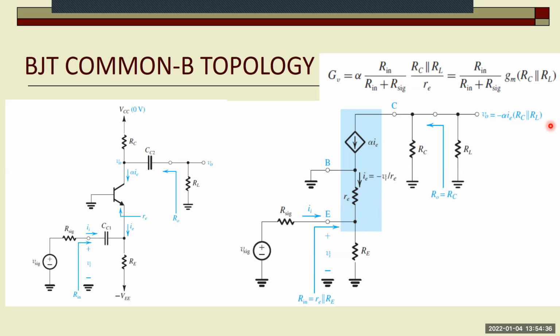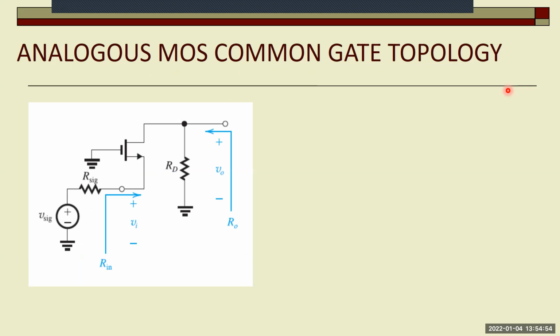Input is basically re. Minus Vi re. So the total gain can then be represented by this, or instead of re, we might use gm.